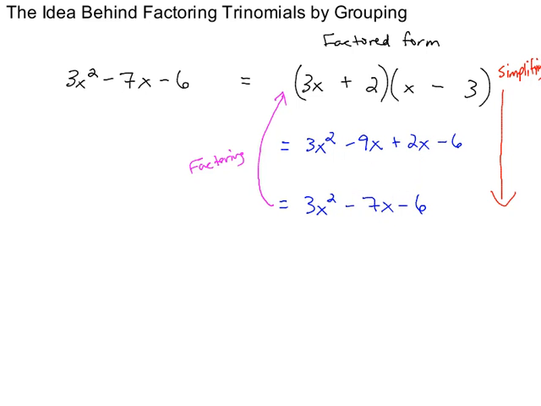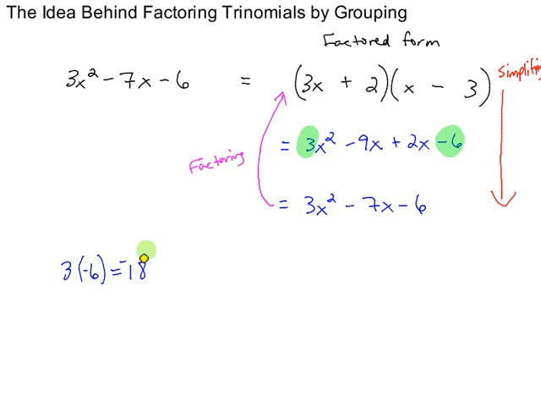This is what it comes down to. The numbers on the ends of the polynomial, 3 and negative 6: 3 times negative 6 equals negative 18. Sorry, I missed my negative there.